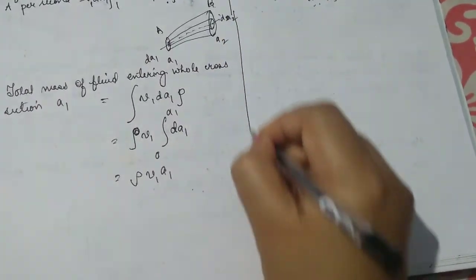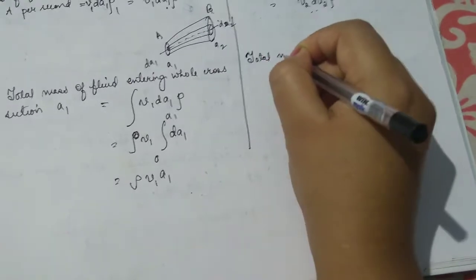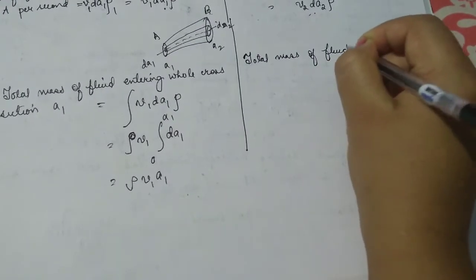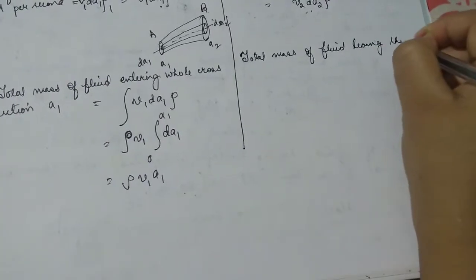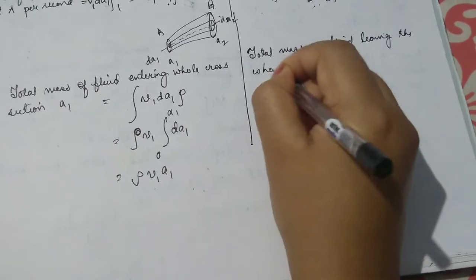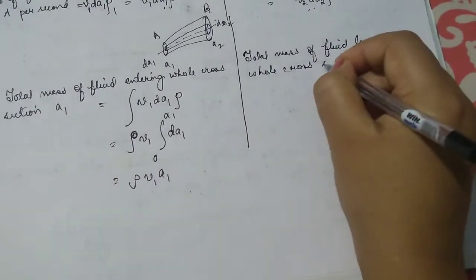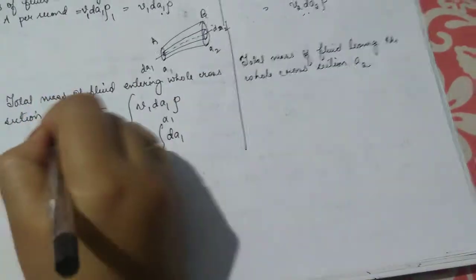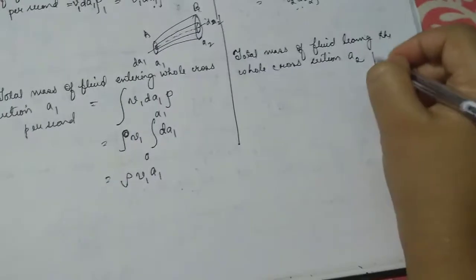Similarly here, the total mass of fluid leaving the whole cross section A2 is also per second.